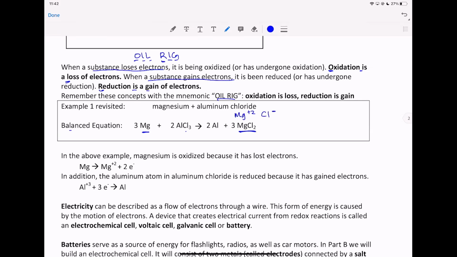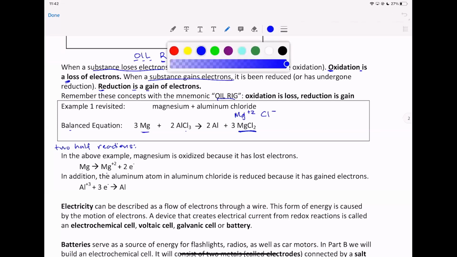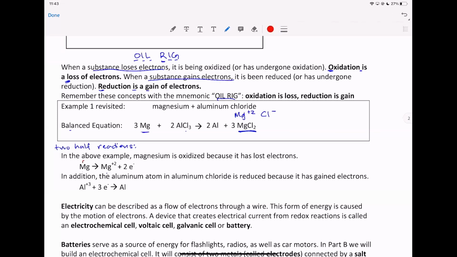And so these are the 2 half reactions, following the fate of the substances that change. The first one is magnesium becomes magnesium ion. So this has magnesium with no charge, then on the other side becoming magnesium with a +2 charge.